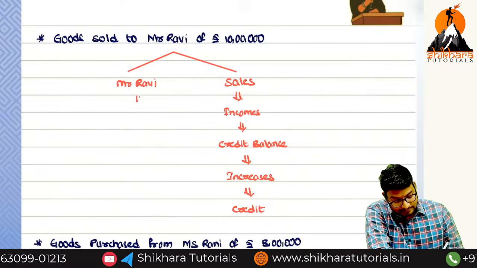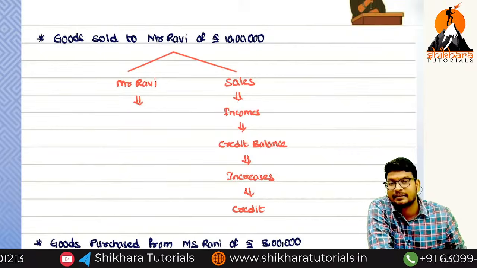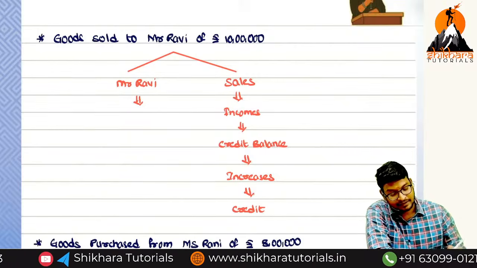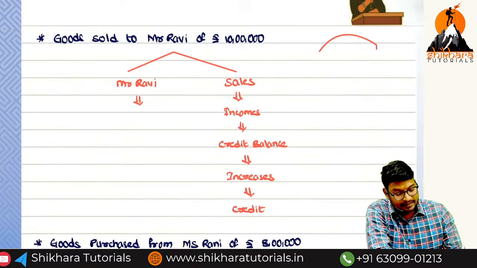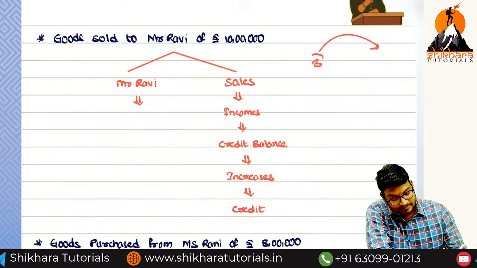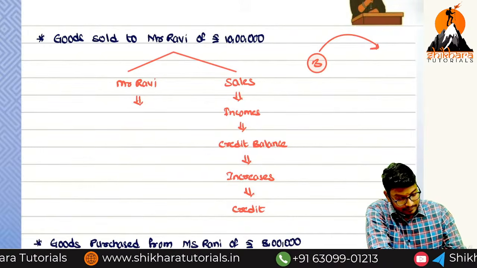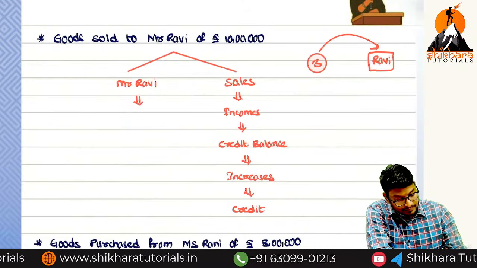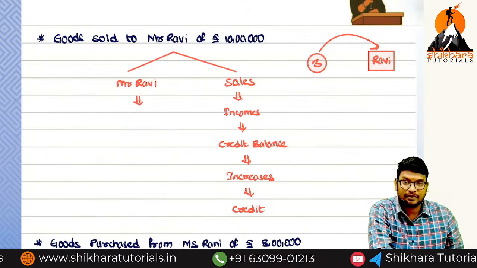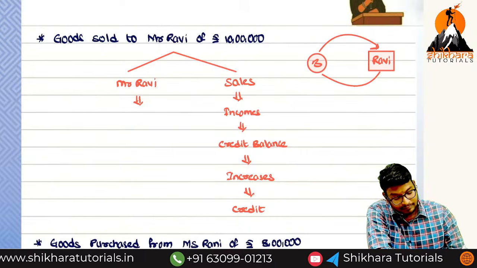And next, when coming to Ravi, we have to decide first of all whether he is a debtor or a creditor. I think you already know. If we sold the goods to a particular person, imagine this is a business and we are selling goods to a person called Ravi. That means who needs to pay money to us? Ravi needs to pay money to us.